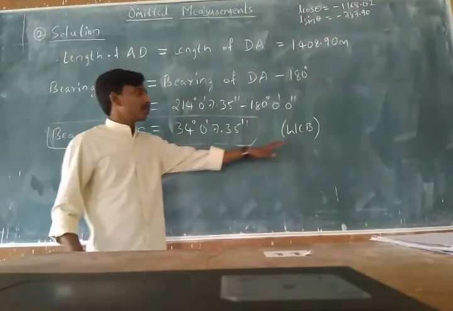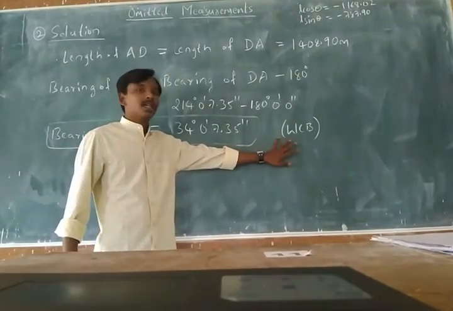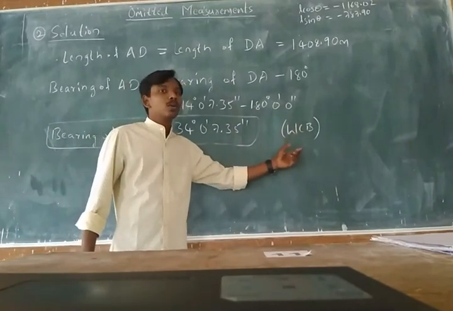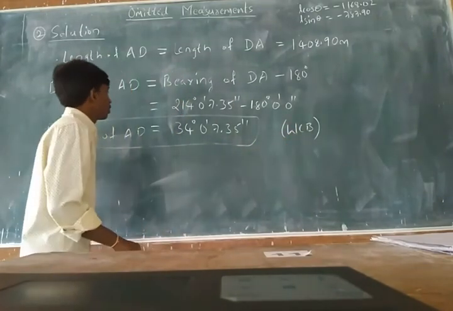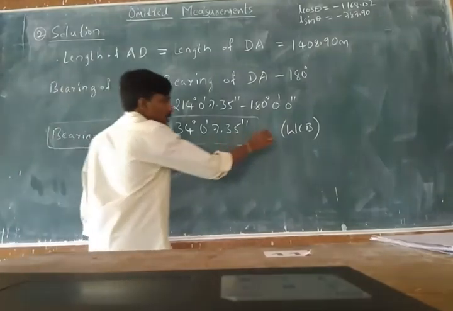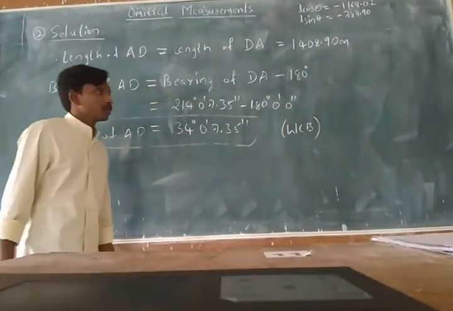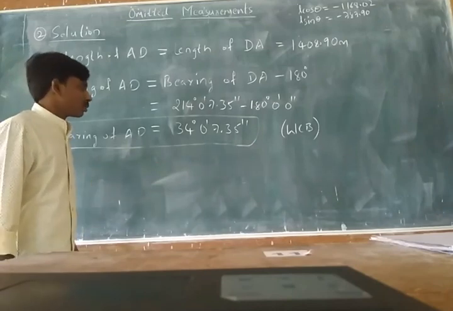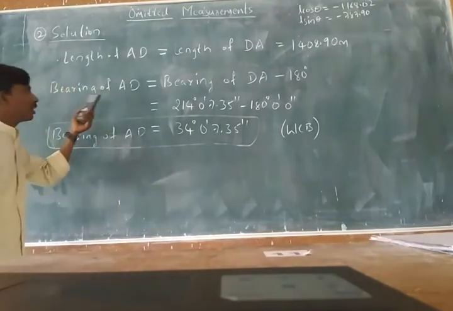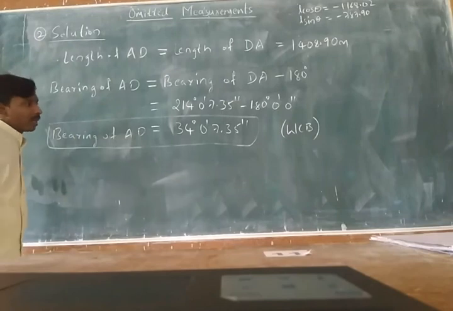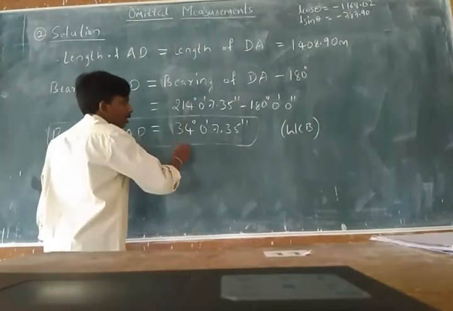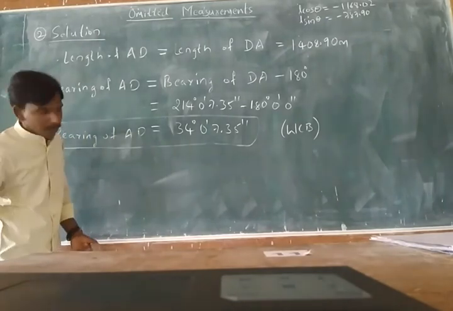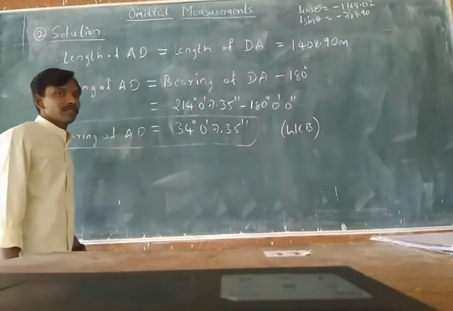Please don't write WCB and RB in brackets in the exam. I am just writing it here on the board to make you understand. Now the obtained value is in the whole circle bearing system. In the previous reduced bearing system, when we calculated the bearing of DA, the value was the same, 34 degrees 0 minutes 7.35 seconds.